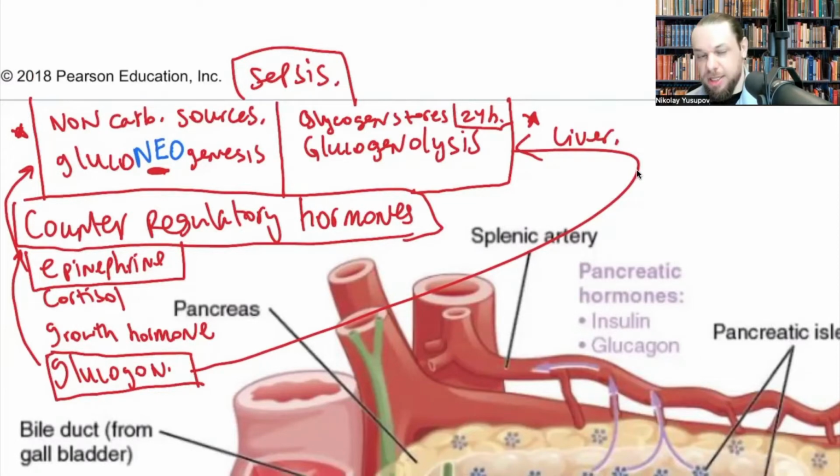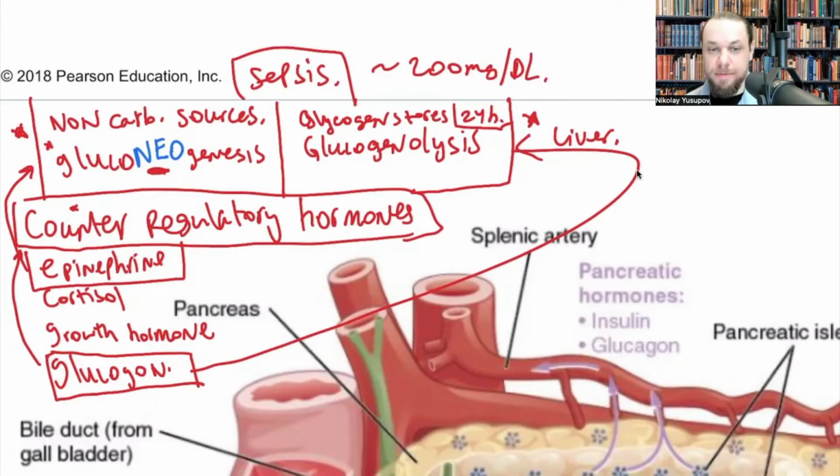So basically, it's a release of these counter-regulatory hormones, these processes of gluconeogenesis and glycogenolysis, and also the underperfused cells that the body's trying to get sugar to. We also see the spike. The person may not have diabetes per se, but we check their sugar, and they may be like 200 milligrams per deciliter in a sepsis-like state. So this is the cause of this.